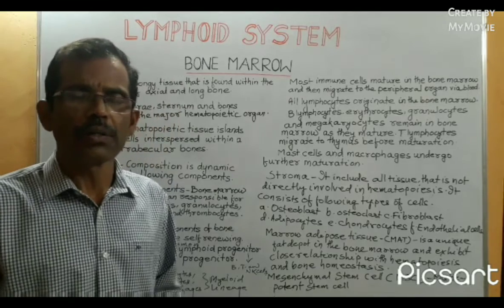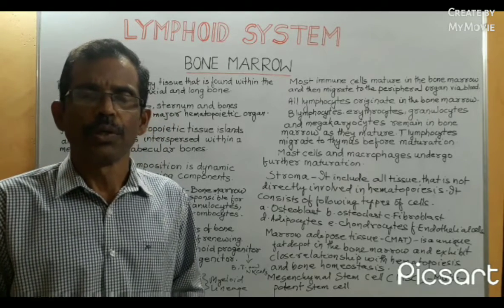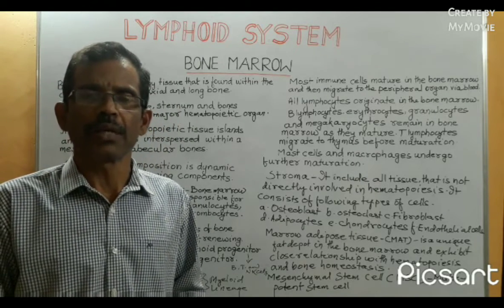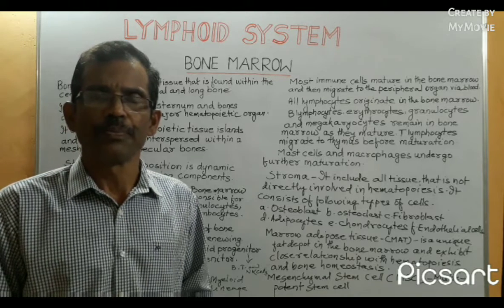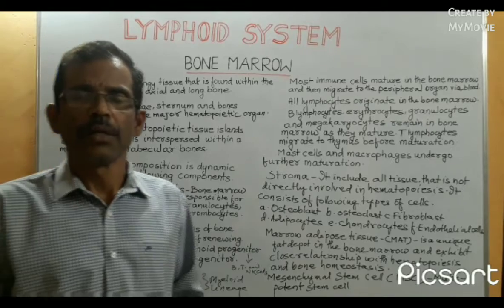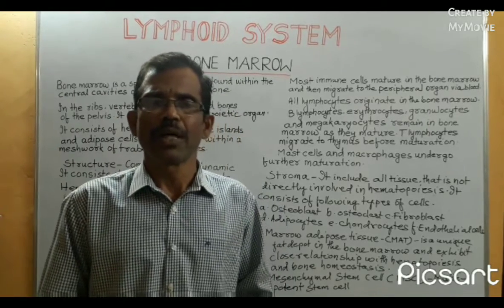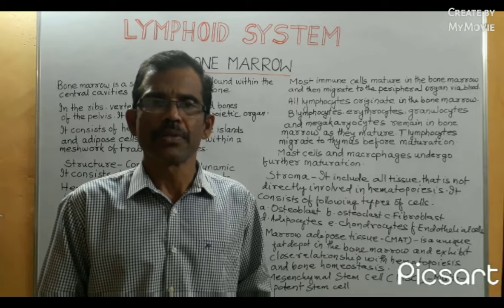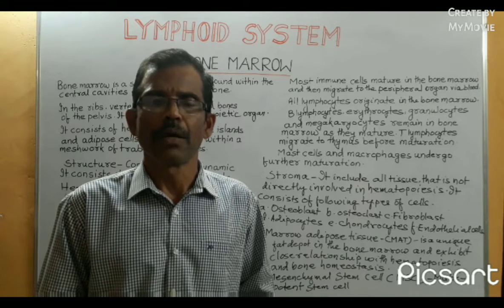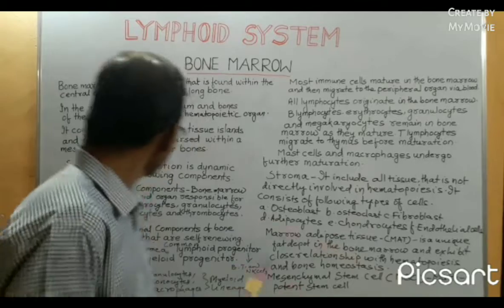Bone marrow is a spongy tissue that is present within the central cavities of long and flat bones. In adult human, bone marrow is located in vertebra, ribs, sternum and bones of the pelvis.